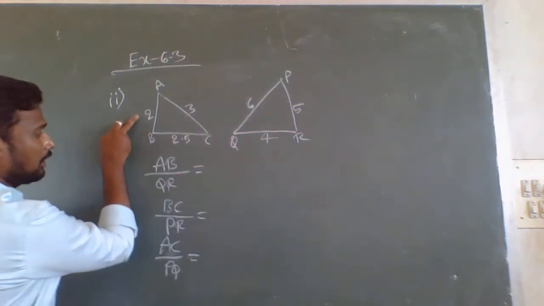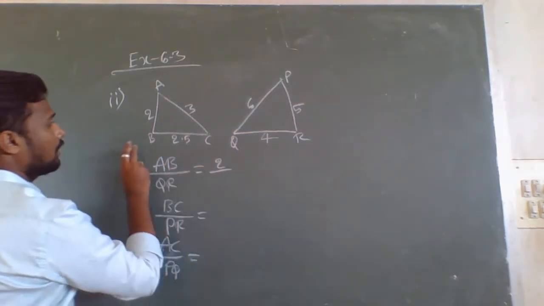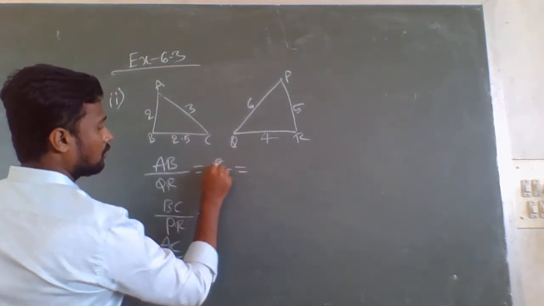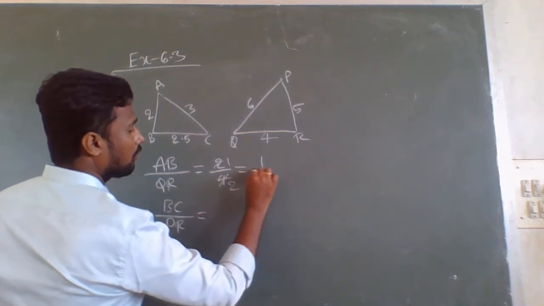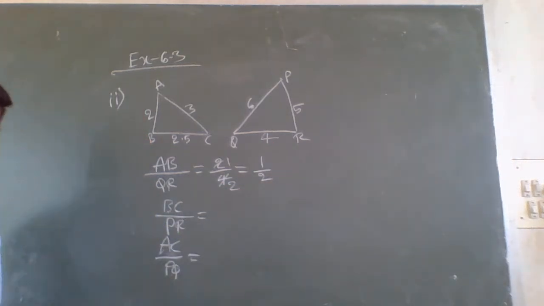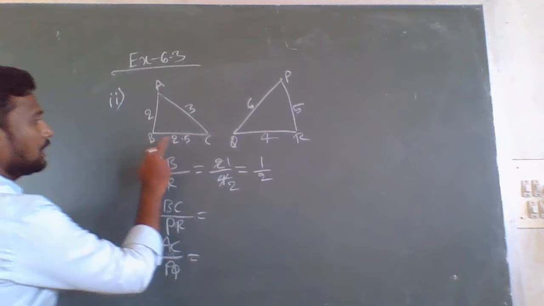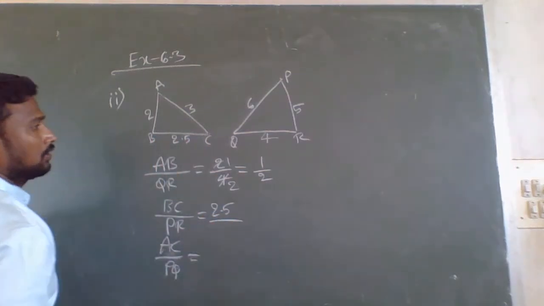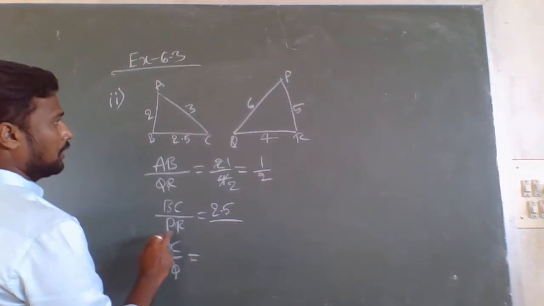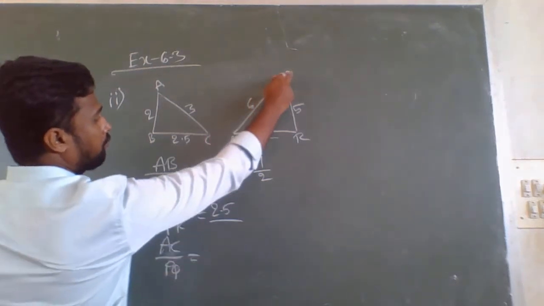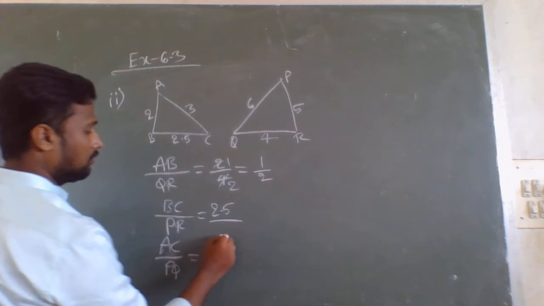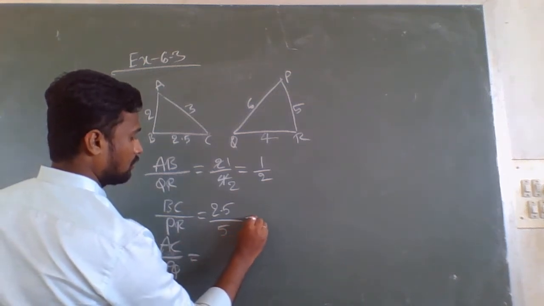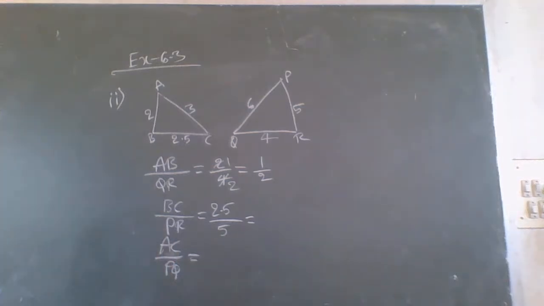So here AB means 2 centimeters and QR is of 4 centimeters, we get 1 by 2. Like this only, BC is of 2.5 centimeters and PR is of 5 centimeters.